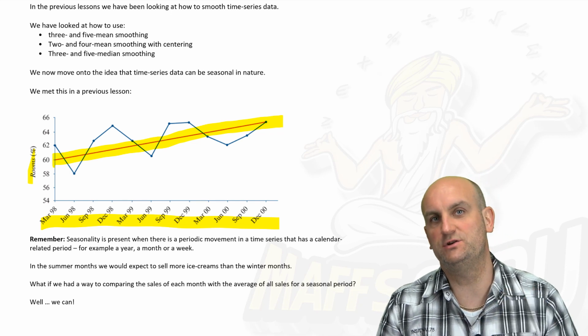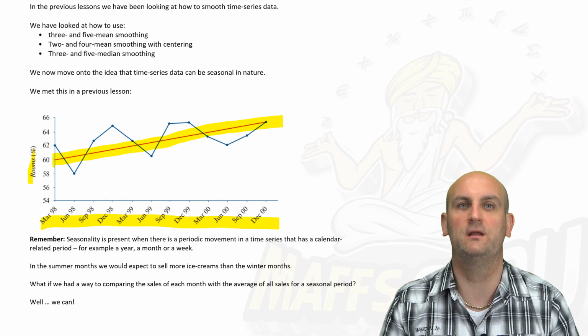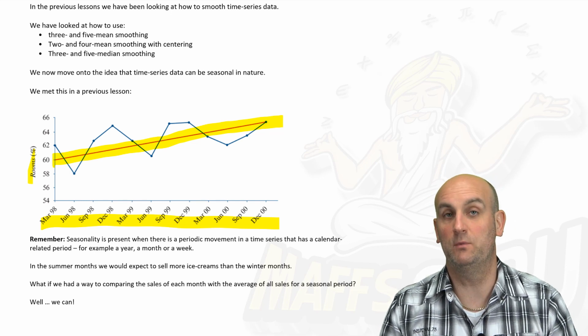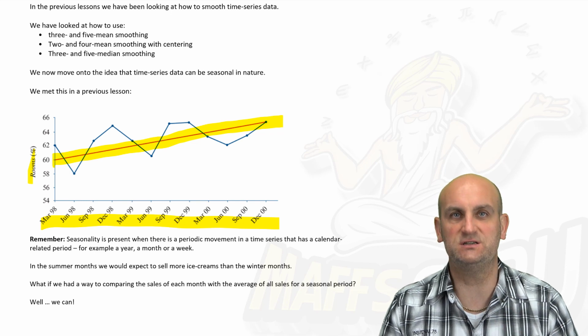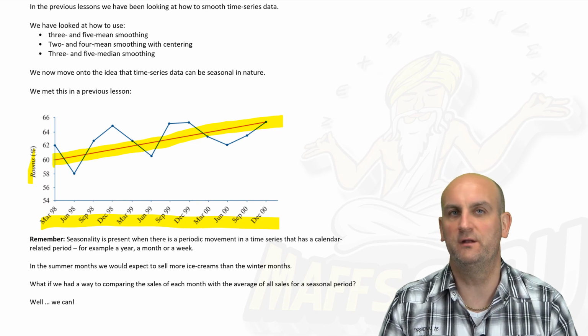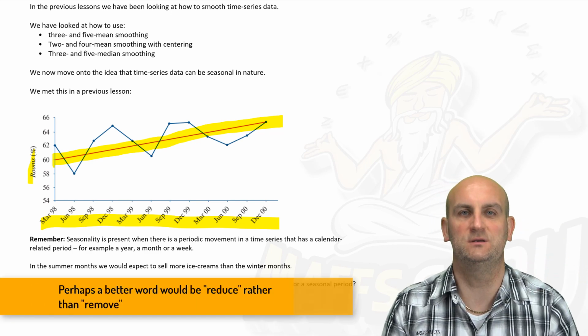Now, in this situation, seasonal data, those seasons throw things and make predicting that little bit more challenging. So what if we could take out the seasonal data? If we could remove those wobbles that are there because of ice cream sales in the summer being much, much more than ice cream sales in the winter.